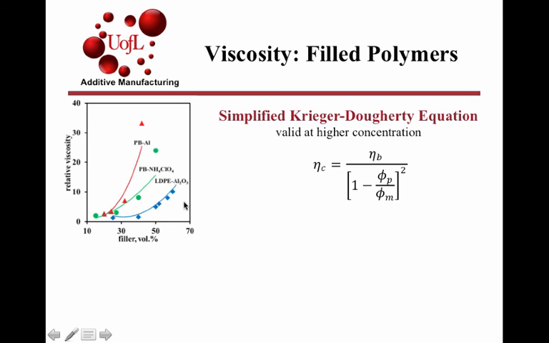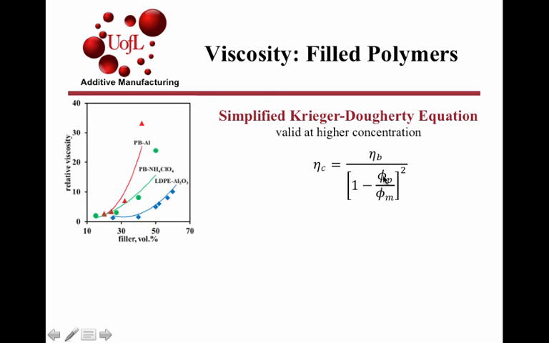In order to capture this nonlinear dependence, the Krieger-Doherty equation, which is shown in its simplified form over here, talks about how the viscosity of the composite depends upon the viscosity of the binder. The ratio of these two will be the relative viscosity.